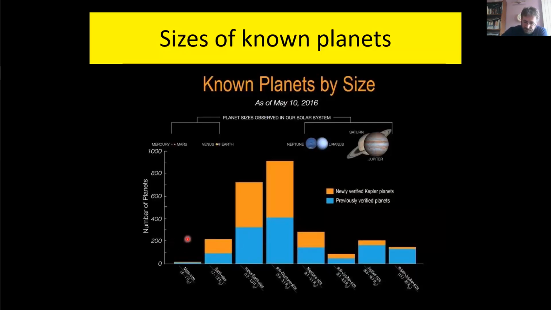So 200 Earth-size planets. So previously verified planets, and then newly verified by Kepler. We see that Kepler was also very productive in this range.